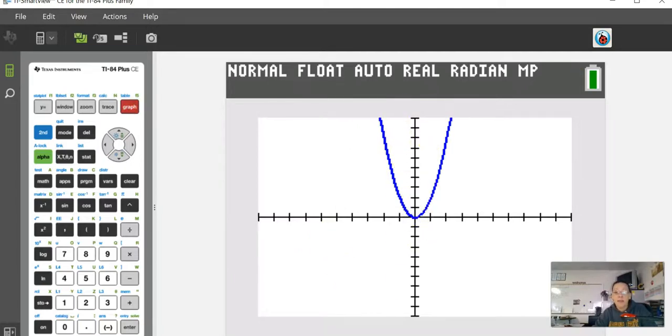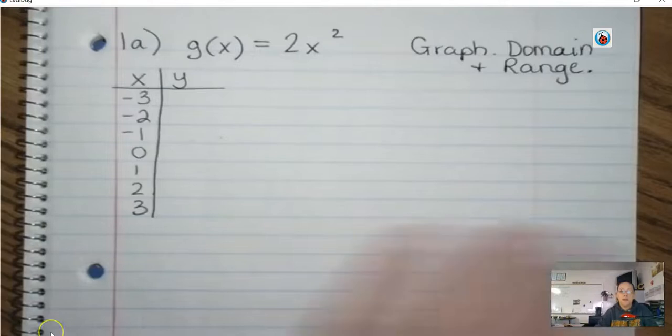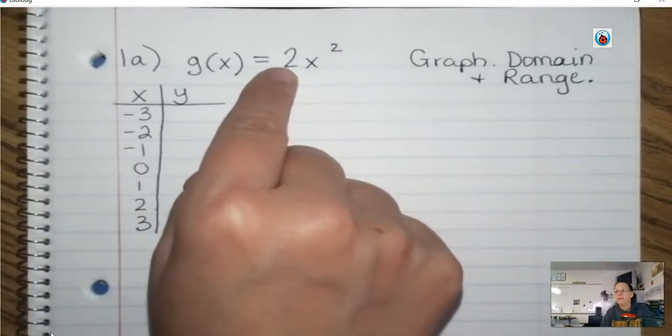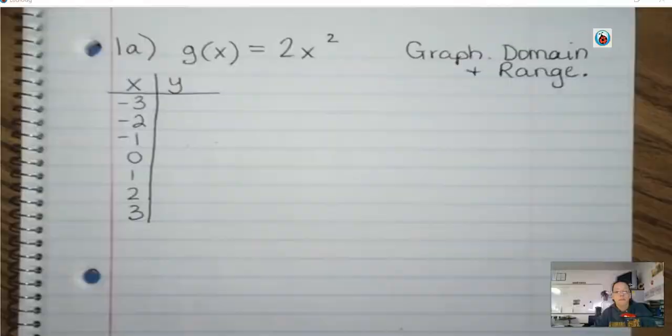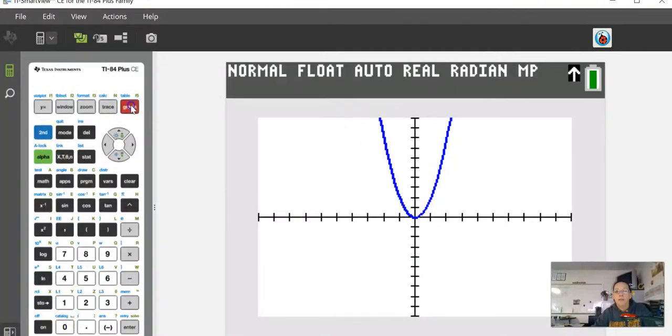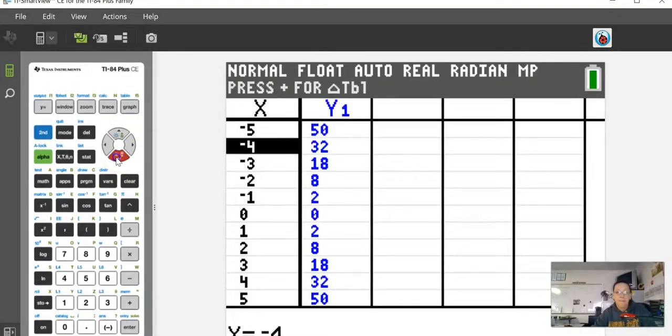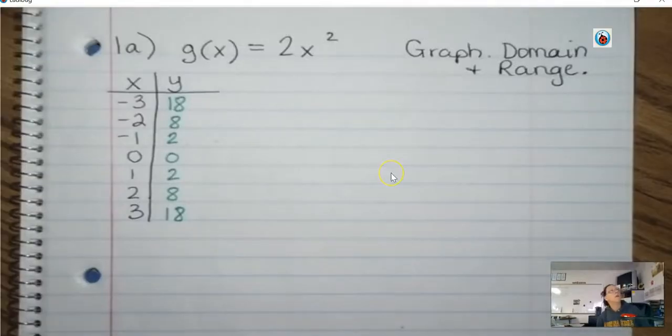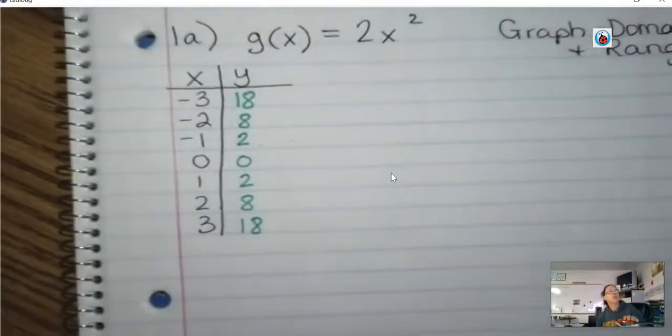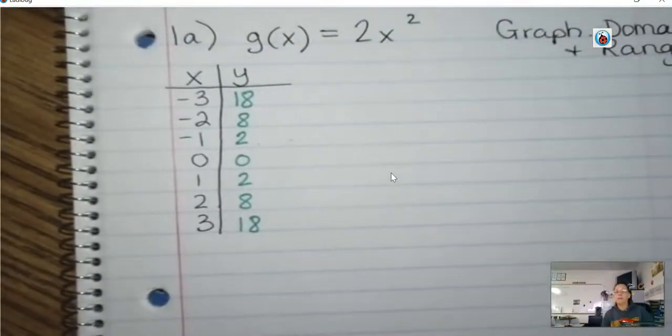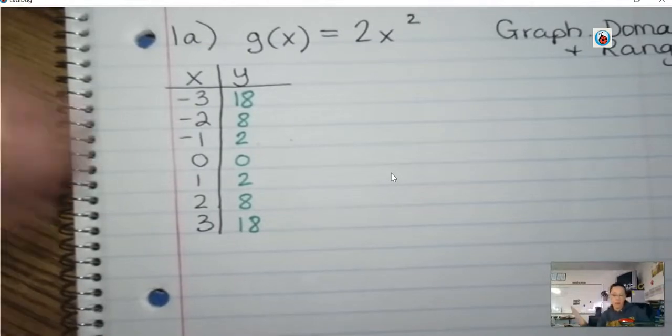It's going to be skinny because we have a 2 in front. So it's going to be skinny and open upwards. Go into your table and fill in those numbers. When you're filling in your numbers, you should notice a pattern because the graph is going to be symmetrical, so whatever's on one side will be on the other side.